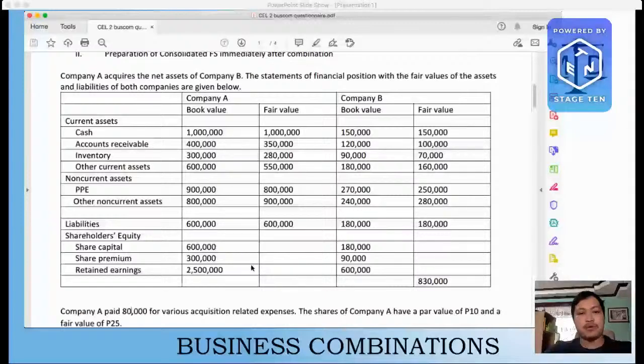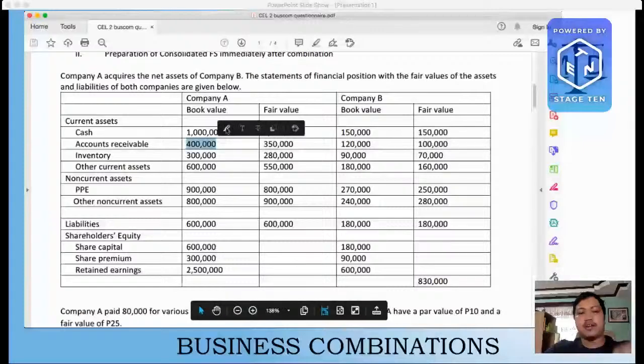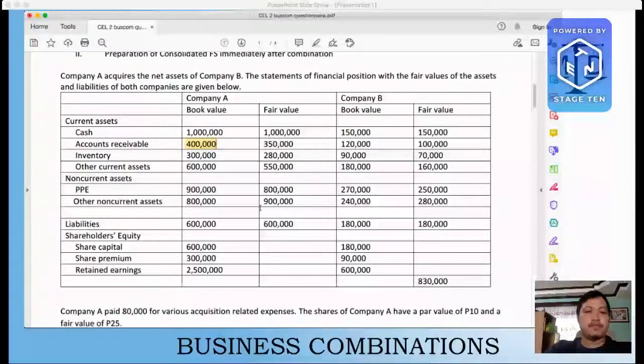Again, the relevant valuation here is the 400,000. The 350,000 is not relevant. But for the accounts receivable of the acquiree, Company B, the relevant valuation here is the 100,000. So if you would be asked how much is the consolidated or combined accounts receivable reported by the acquirer immediately after the combination, our answer would be 500,000, 400 and 100.